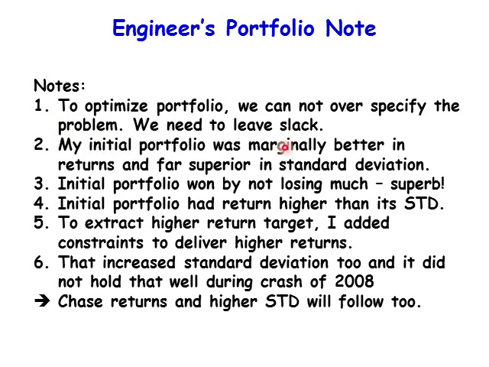My initial portfolio was marginally better in returns and far superior in standard deviation, when I had not added any constraints for return. That portfolio won by not losing much, which is superb allocation. That's the way we need to go.